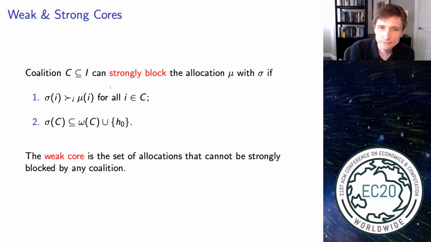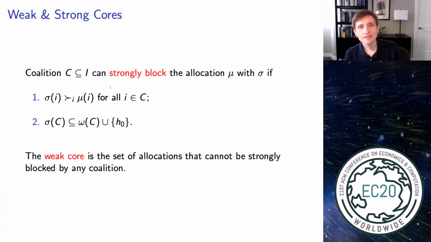Let me just review some basic definitions that will help me introduce our definitions later on. These are the weak and the strong cores. These are very classic solutions applied to this class of problems, and they form the bedrock of much of the analysis in these discrete exchange economies. We can say that a coalition can strongly block an allocation if there is an alternative allocation that everybody in the coalition strictly prefers and that involves the coalition reallocating goods within their endowment.